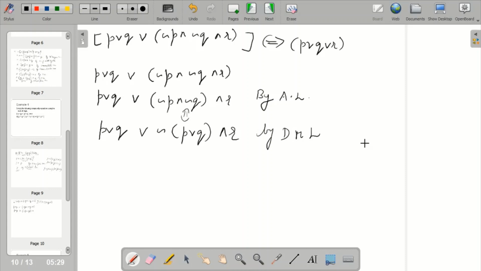P or negation of P or negation of P or Q or R. So you can write it in the form of inverse law. If not that, the other way we can also solve it is by distributive law also. So before that, wait, I'll just tell you over here, sorry, one second.